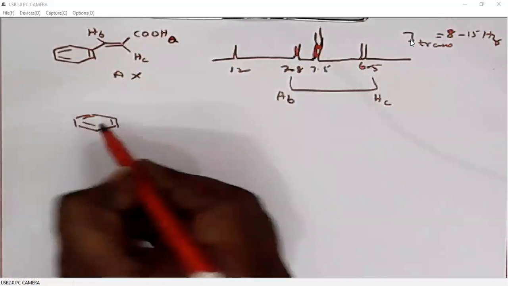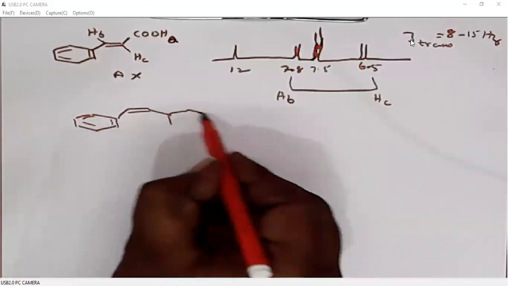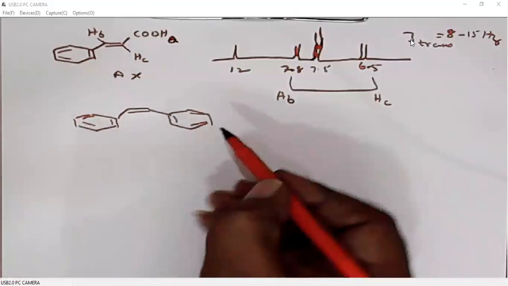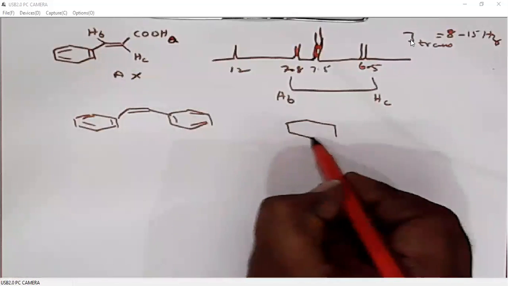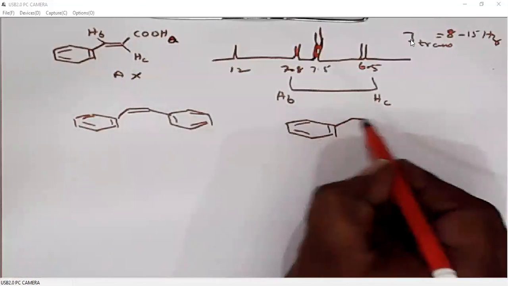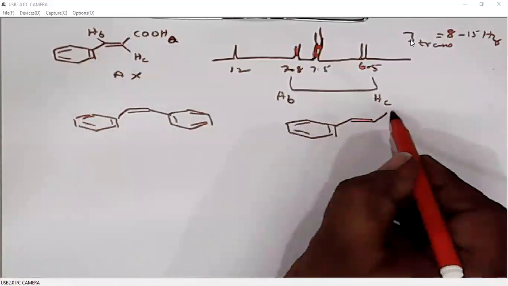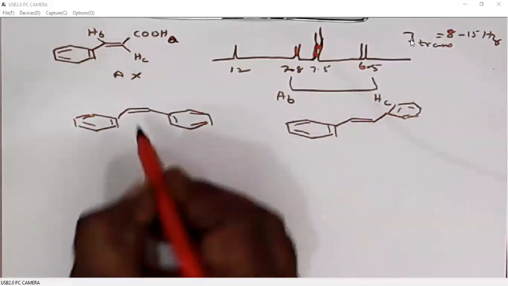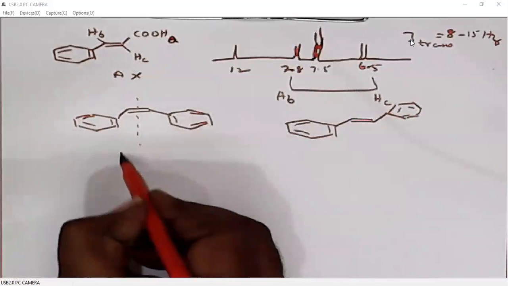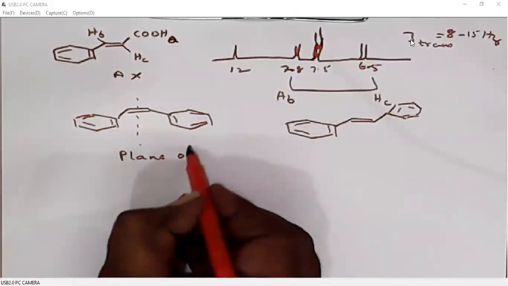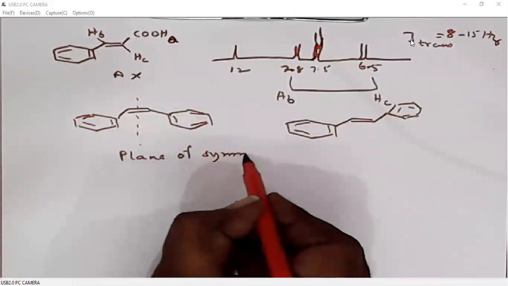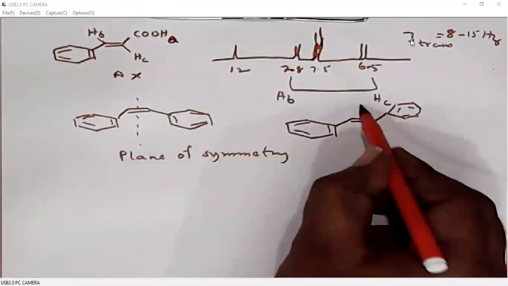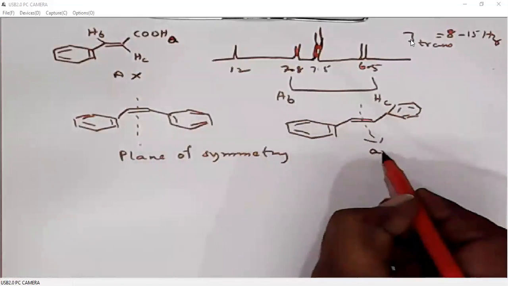When we look at cis stilbene and trans stilbene, we don't get AX or AB. Why? Because we have a symmetry plane here. A plane of symmetry exists here, and here a rotational axis of symmetry exists.